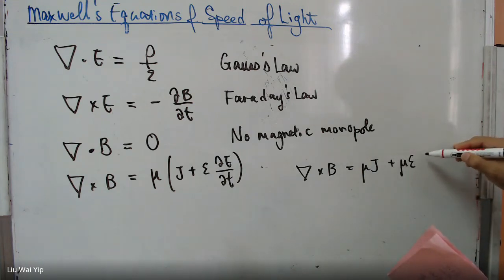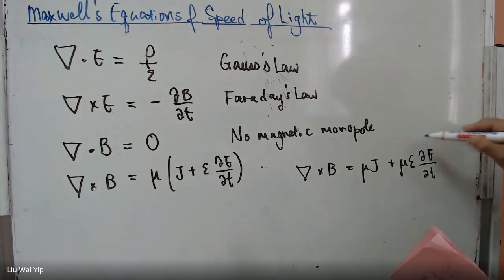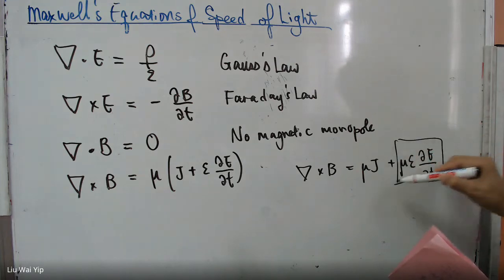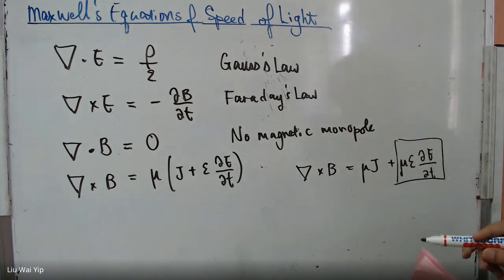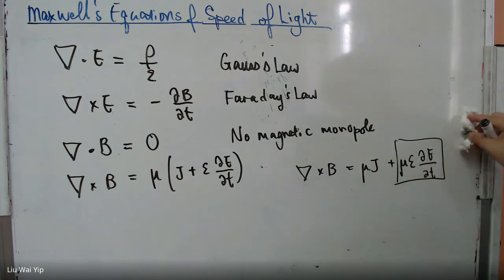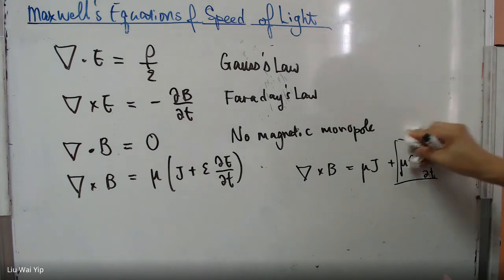And this term is this one. And he believed this is the so-called displacement current. So this displacement current is not due to the movement of the electric charge.